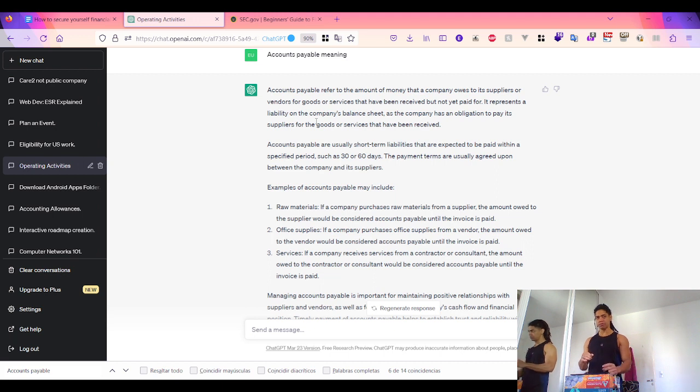Again, remember the definition: accounts payable is money that a company owes to its vendors or suppliers for goods and service that have been received but not yet paid for.